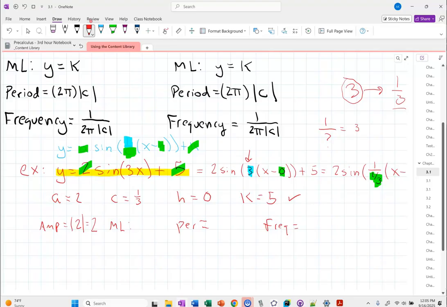Everybody's good there? Our midline, the formula for the midline is y equals k. The k value in this problem was 5. The period is 2 pi times the absolute value of c. Our c was 1/3. What's 2 pi times 1/3?